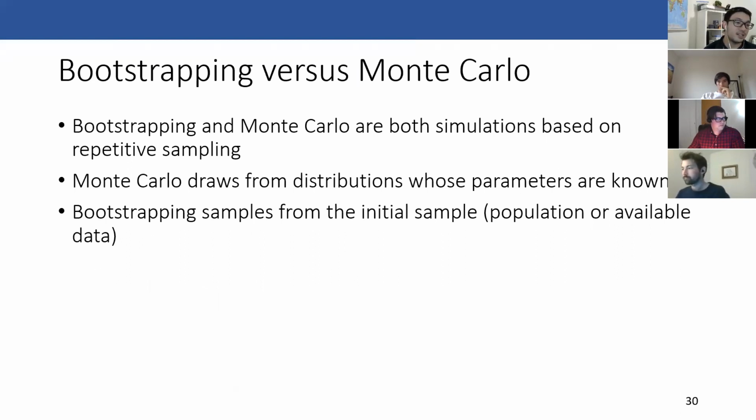Bootstrapping and Monte Carlo are both types of simulations based on repetitive sampling. The distinction between these two is that Monte Carlo simulations are drawing from distributions based off of parameters that are known.